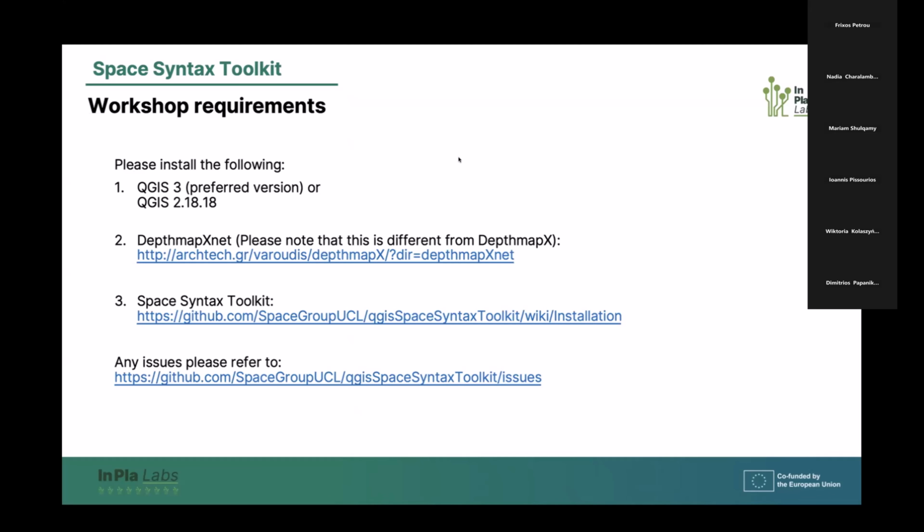And finally, the Space Syntax Toolkit, as I explained previously, is a free plugin that you can easily install in QGIS. It is preferred to always keep 2 versions of QGIS in case you encounter any kind of issues. You can always refer to the older version, and you can also refer to this link for any issues and frequently asked questions.